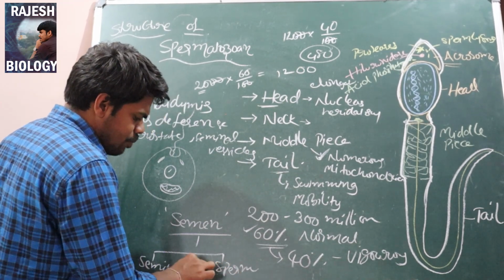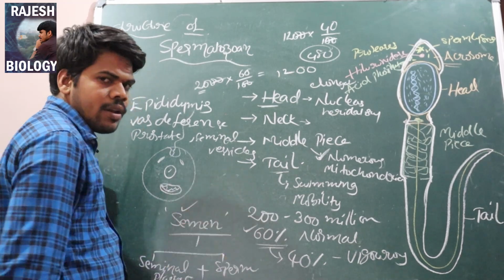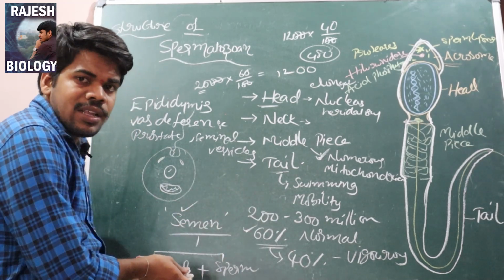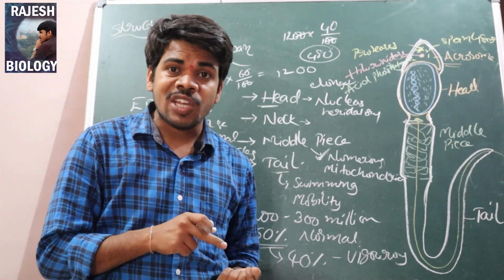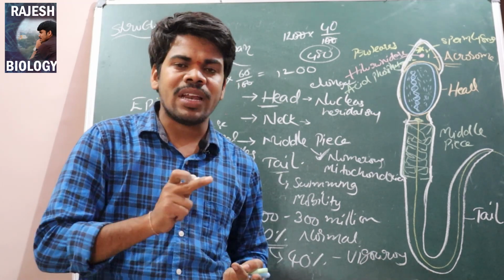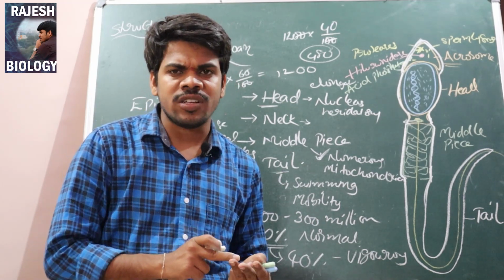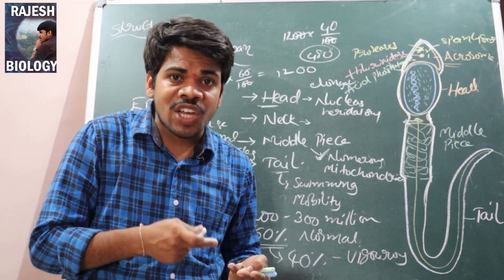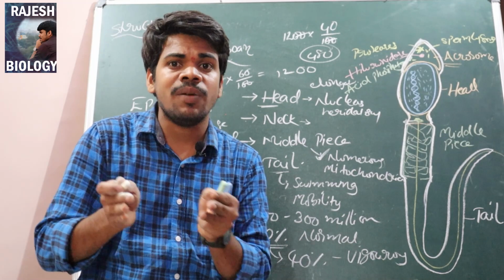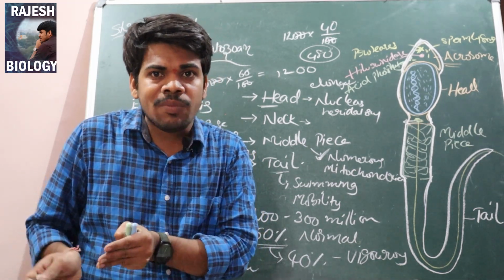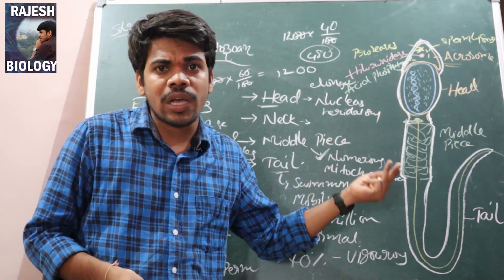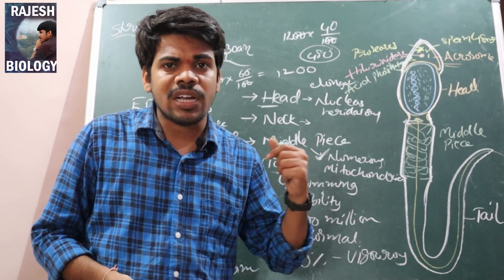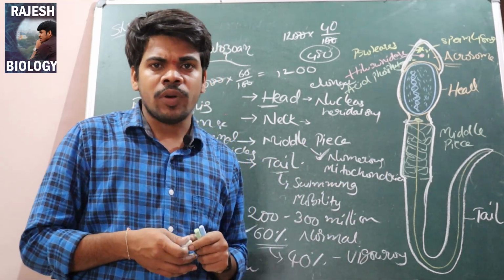Seminal plasma contains secretions of the prostate gland, seminal vesicles, and bulbourethral secretions also. All these accessory gland secretions together are called the seminal plasma. Seminal plasma plus sperm cells together are called the semen, which is ejaculated into the female reproductive tract.